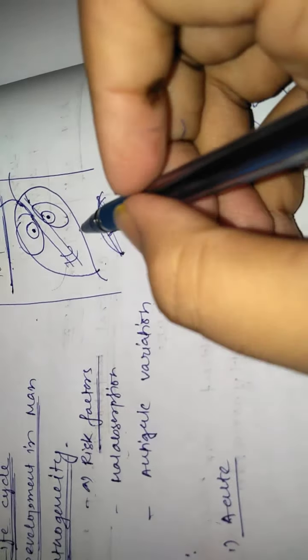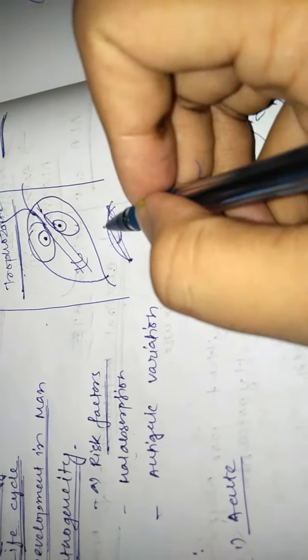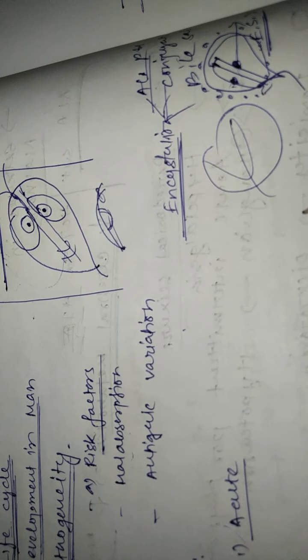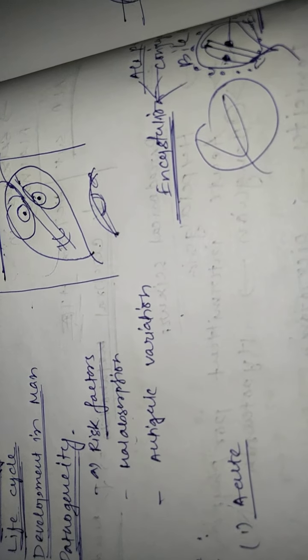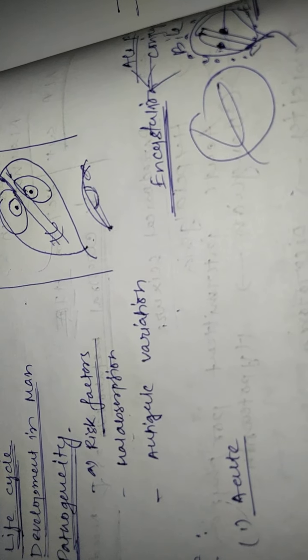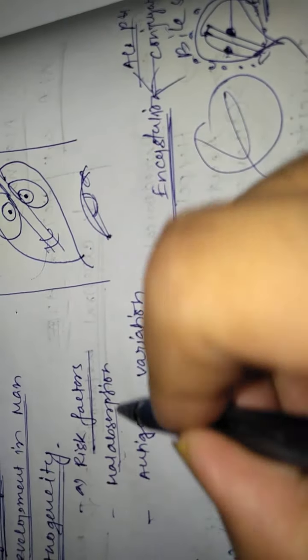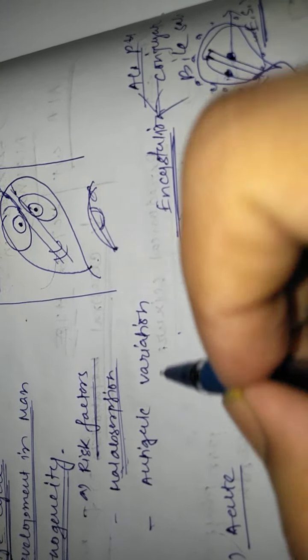When the trophozoite stage binds to the duodenal wall, it destroys the epithelial cells and intestinal brush borders. So that causes malabsorption, right? Malabsorption of what?